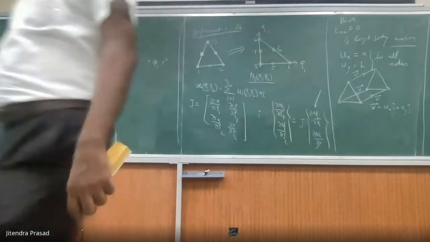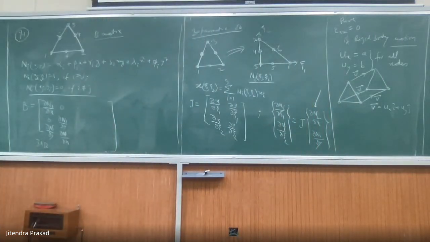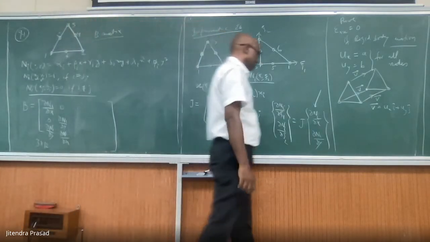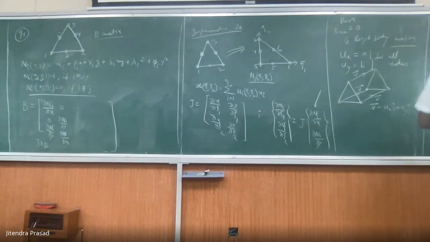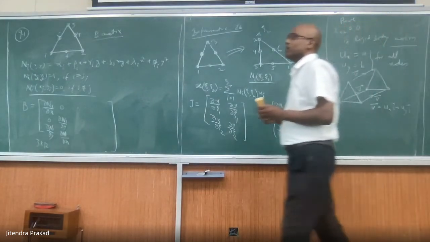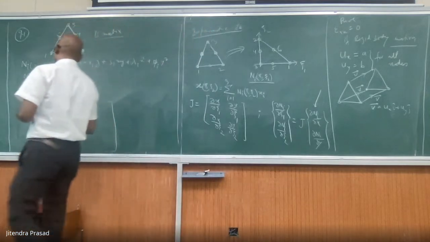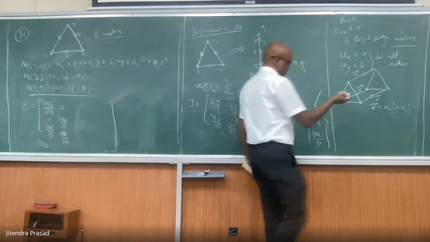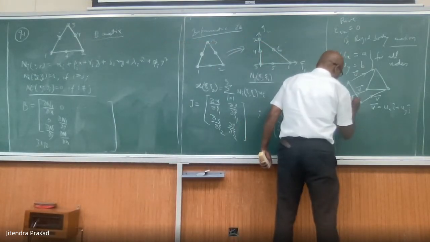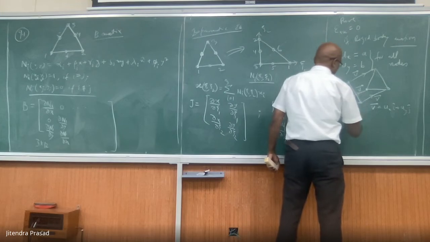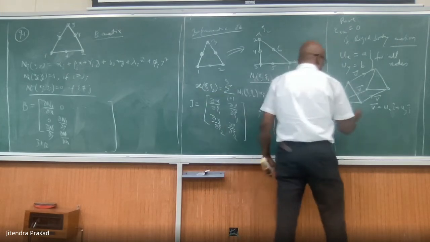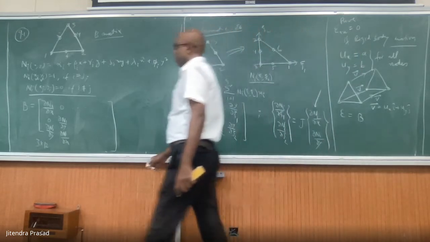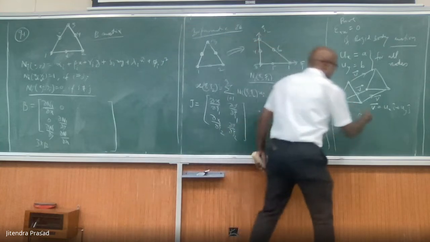You have to prove that the strain is 0. Then how will you do it? What is the strain? How do you calculate the strain? Strain is equal to, remember, we have B, and then we call it the D matrix.